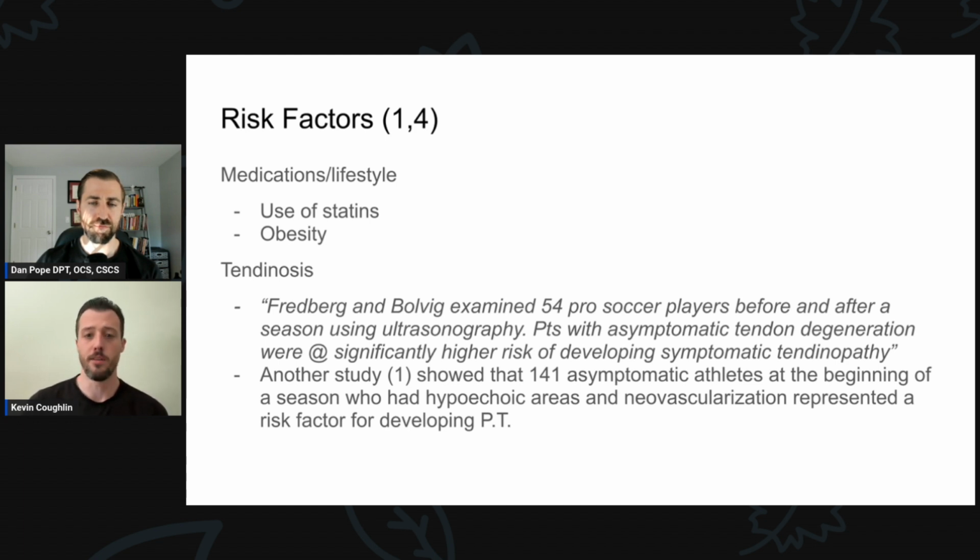We see more blood vessels, more nerves. So this is showing a very similar thing. When we see these tendon changes, a lot of times these folks are the ones who are at higher risk of developing tendon pain throughout the course of a season. So again, these are cases where imaging may matter, and maybe there's a way we can modify training programs to stay on the field, or stay able to play.